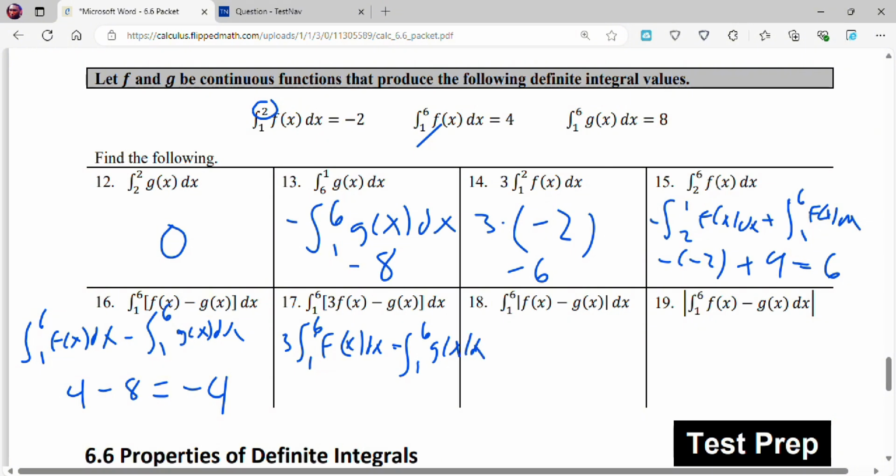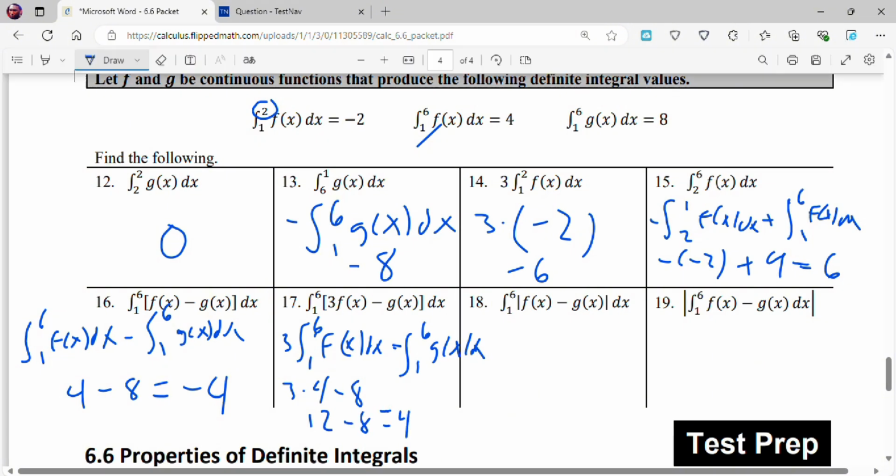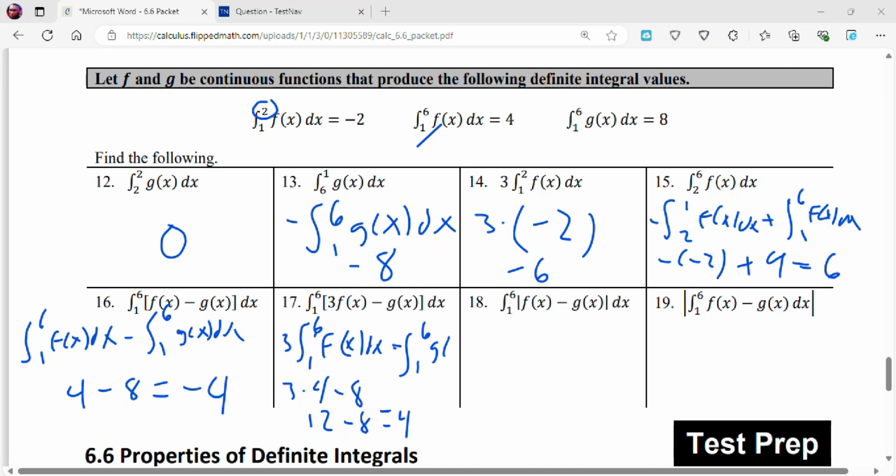Okay, 1 to 6 of f of x is 4. So 3 times 4, and then minus 1 to 6 is going to be 8. 12 minus 8 is 4. And I'm going to erase this for the next question right here.